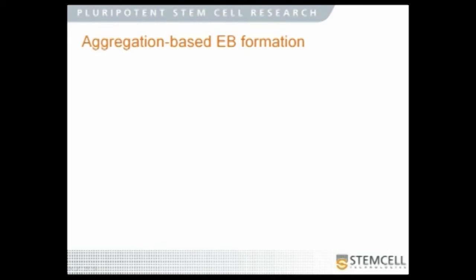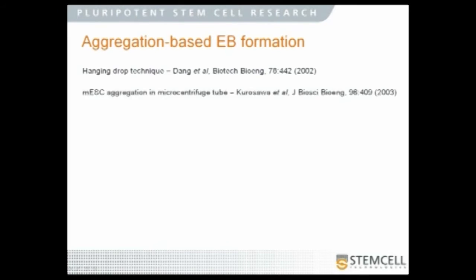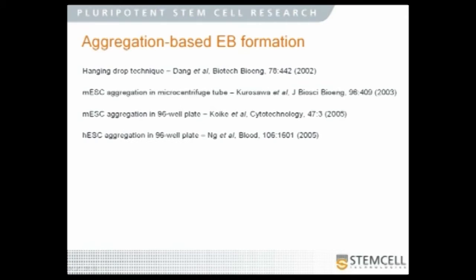The most commonly known is the hanging drop technique, which is very common in the mouse ES field, discussed along with a few other techniques in this Kurosawa 2002 reference. Mouse ES aggregation in a microcentrifuge tube was published in 2003, and then in 2005 adapted for use in a 96-well plate format. And later that same year, a similar protocol with the addition of a centrifugation step was published for the aggregation of human embryonic stem cells, again in a 96-well plate format.